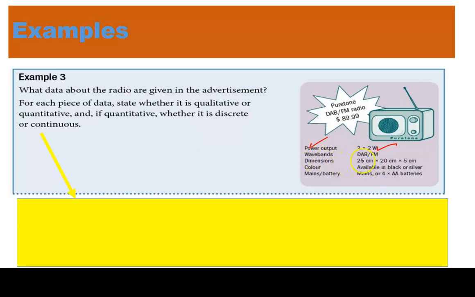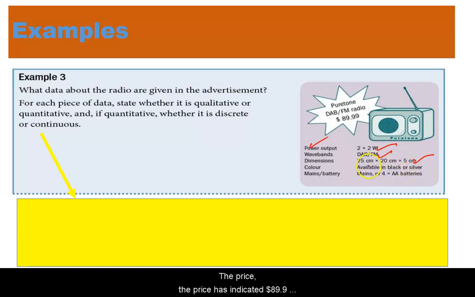Wave band is qualitative. It doesn't give us a numerical value. Dimensions: here we can look at the number of batteries that is given. The dimension is 25 centimeter by 20 centimeter by 5 centimeter. The number of batteries needed is quantitative and discrete. It gives a numerical value.